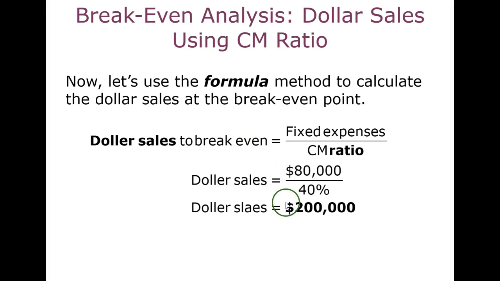This was a graphic slide, and there's no way I could correct this, so just ignore the spelling. Anyway, let's divide the fixed expenses by 40%, 0.4. That gives us dollar sales of $200,000. So your break-even point can be expressed in units, 400, or in dollar sales, $200,000.